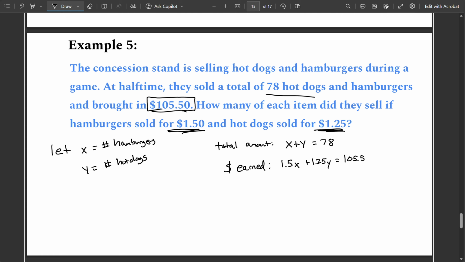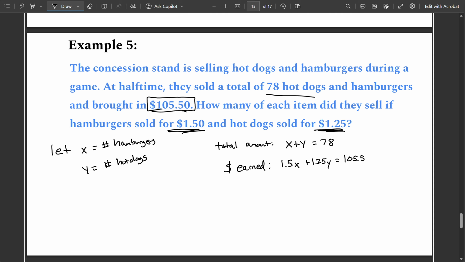All right. So now we have to decide yet again what method we're going to use to solve this system of equations. I think in this case, solving by elimination will be most convenient.